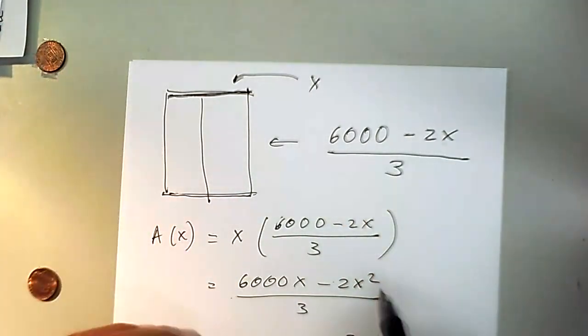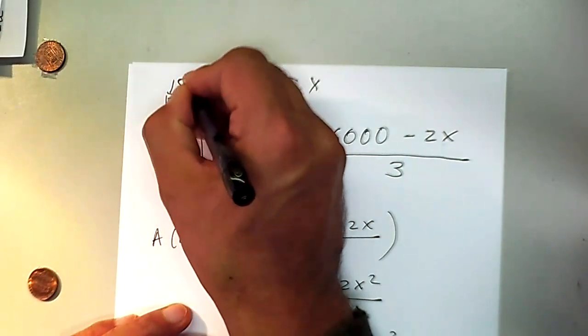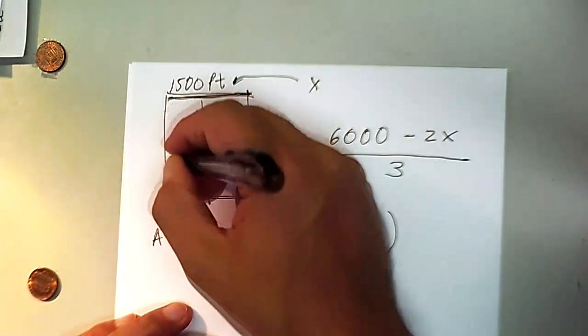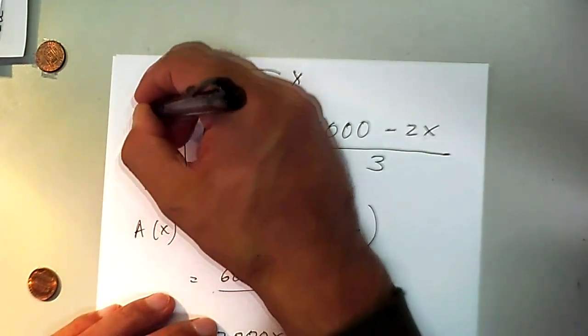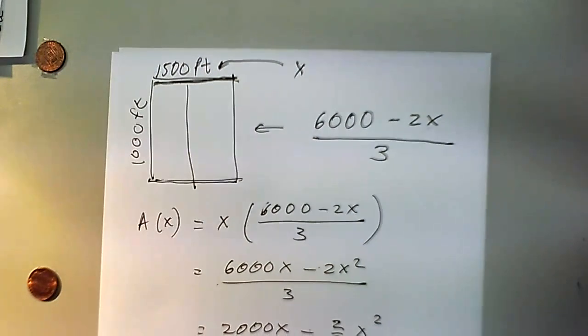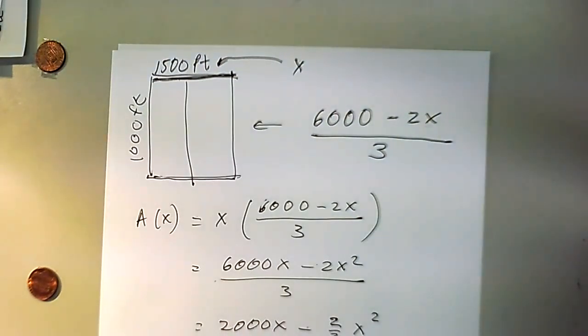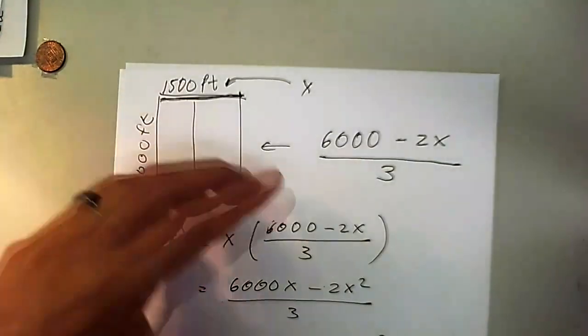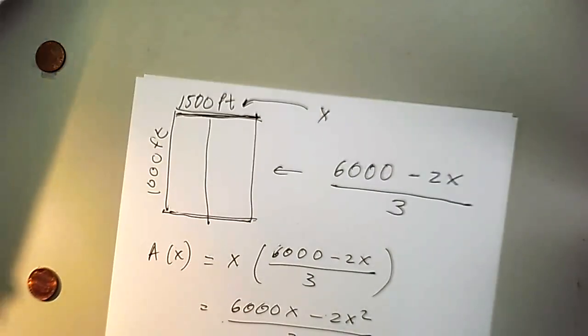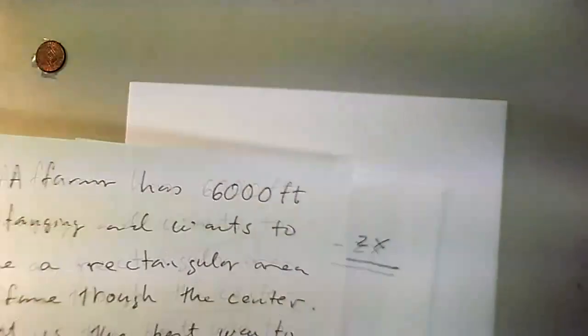So we end up with the same answer, 1,500 feet across this way, and then 1,000 feet the other way. So it doesn't matter how we set it up. The answer is going to be consistent. We just have to know what's going on. So be aware, there's more than one way to do that.